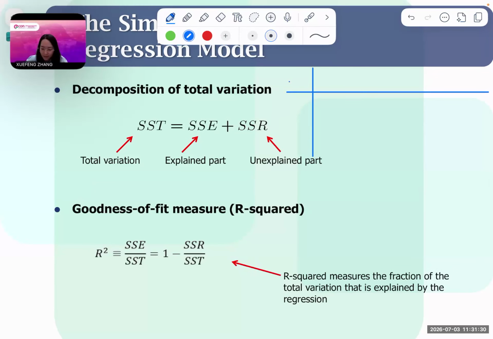We have 3 parts, right? And what is its meaning? And also, what do we want?